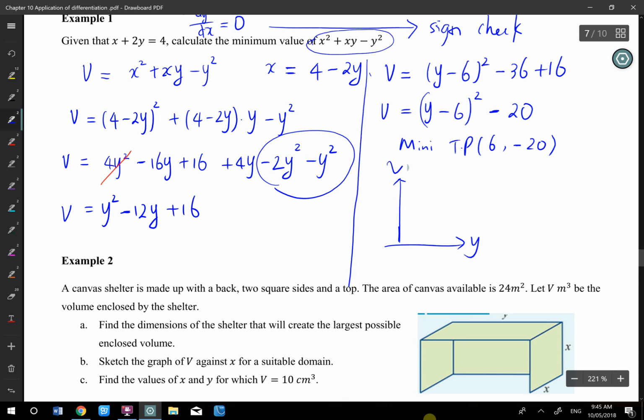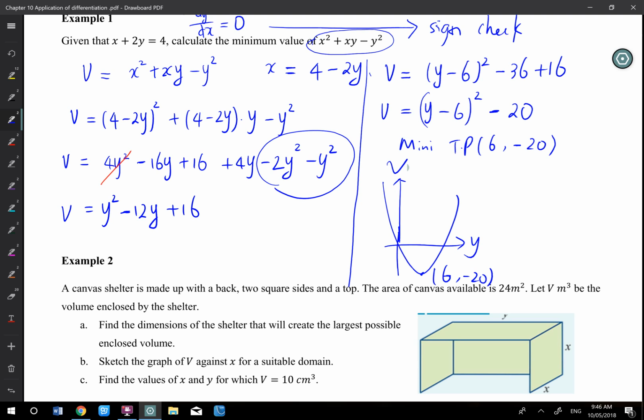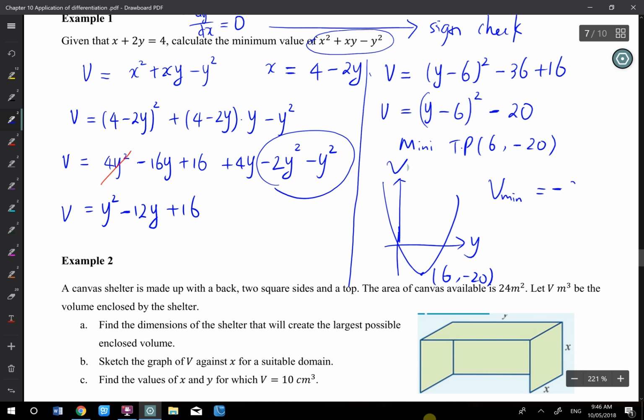We have something like this. Well, I don't know whether the x-intercept is right or not. That's 6 and minus 20. Can we directly see the minimum v value? Yeah, negative 20. I don't need to sub that back again. So v minimum is negative 20.